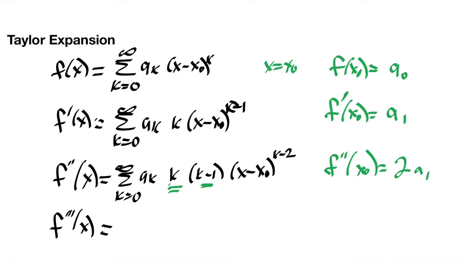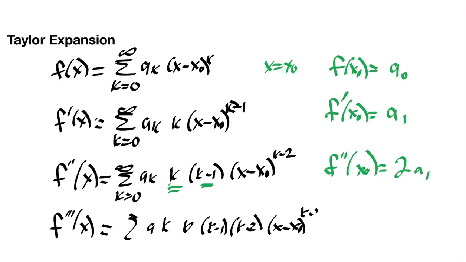You keep going, and let's do the third one to make that our last one. Then we get the sum of a sub k, k, (k minus 1), (k minus 2), (x minus x naught) to the k minus 3. And what you get is that our third derivative, evaluated at x naught, is a3, but we had to multiply a3 by 3, 2, and 1.